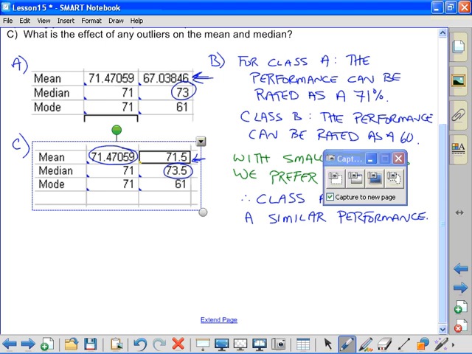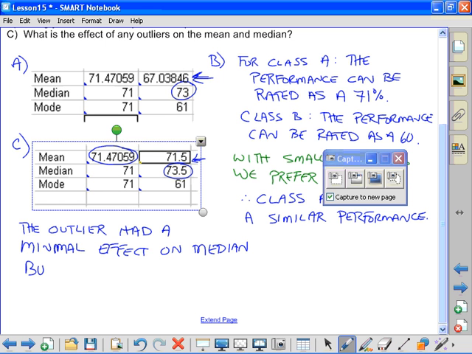So when we're looking at part C, what effect did the outlier have? The outlier had a minimal effect on median, but a significant effect on mean.